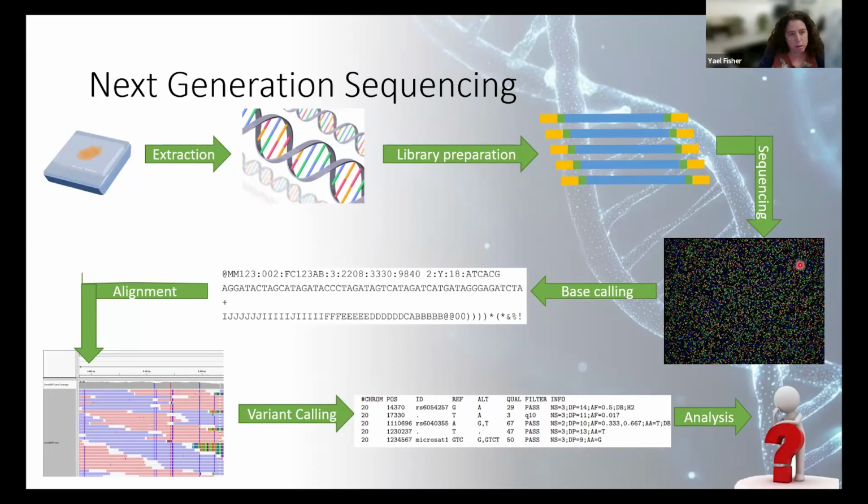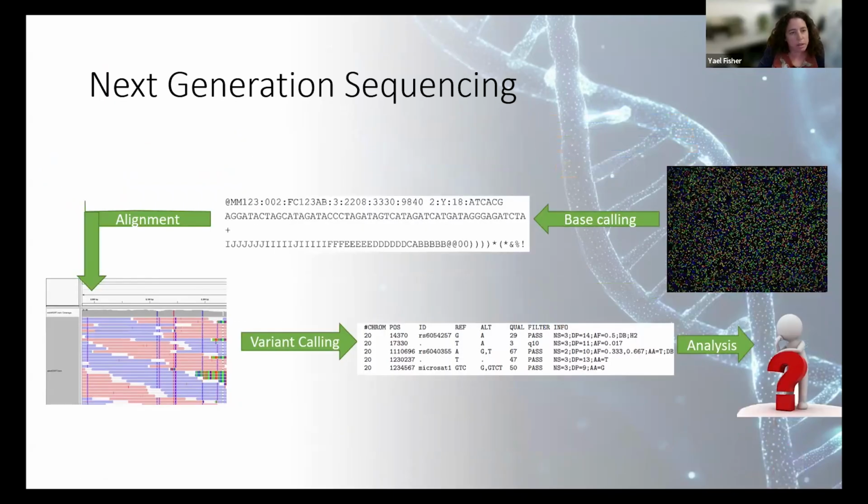And at this point, we stopped last time. And today, we're going to continue this sequence from the results of sequencing until we have a list of variants to analyze. And hopefully next time we'll talk about the interpretation of these variants.